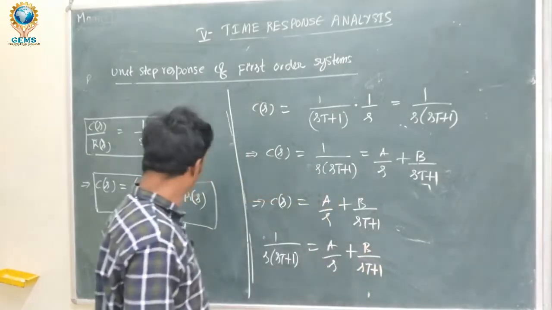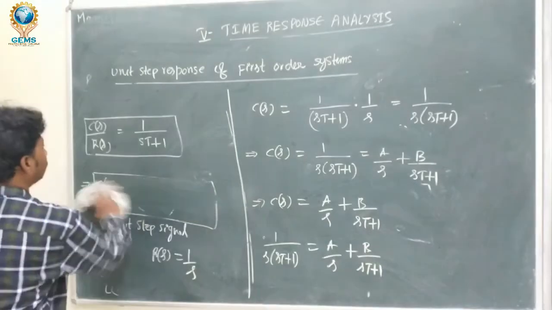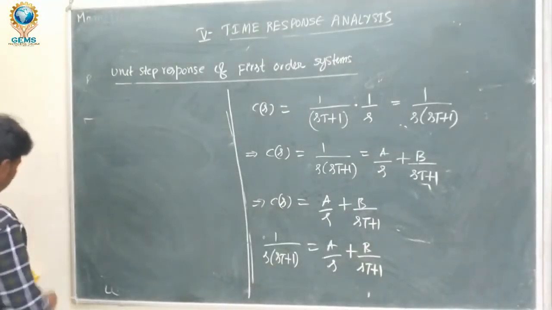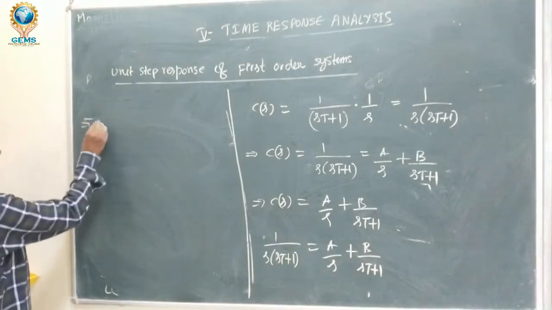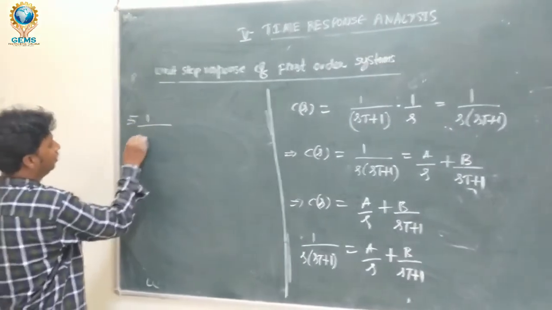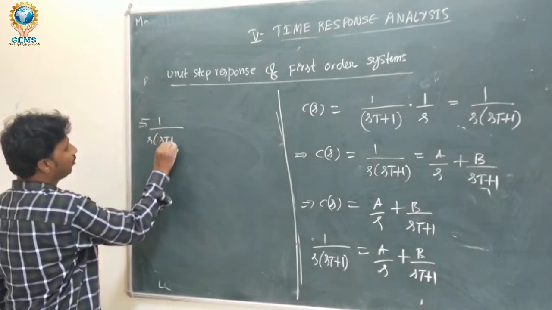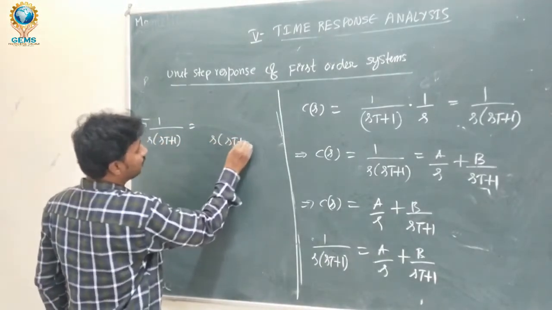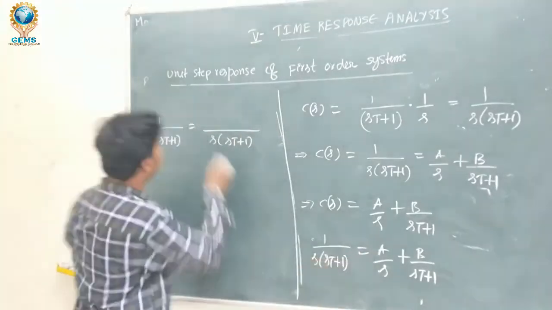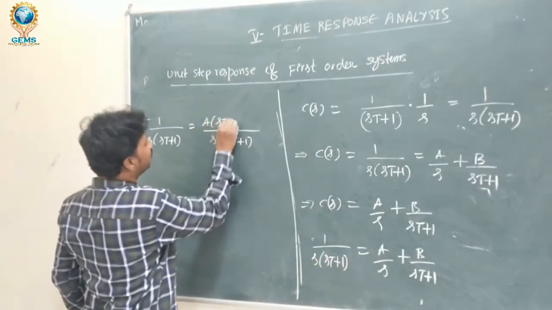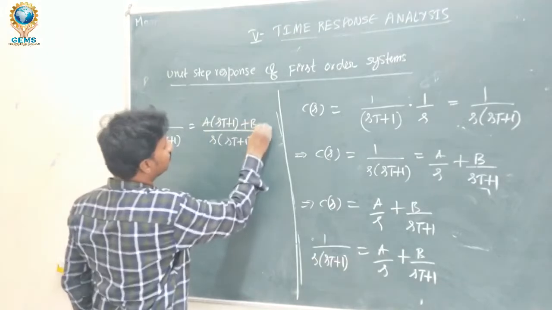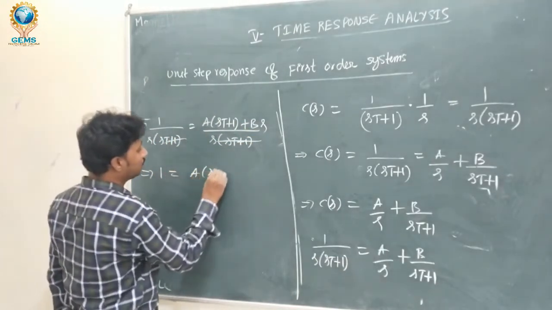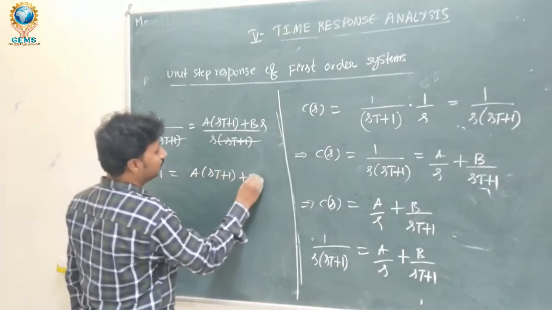You take LCM on the right side. S into ST plus 1, this both get cancelled. So you will get 1 is equal to A into ST plus 1 plus B into S.